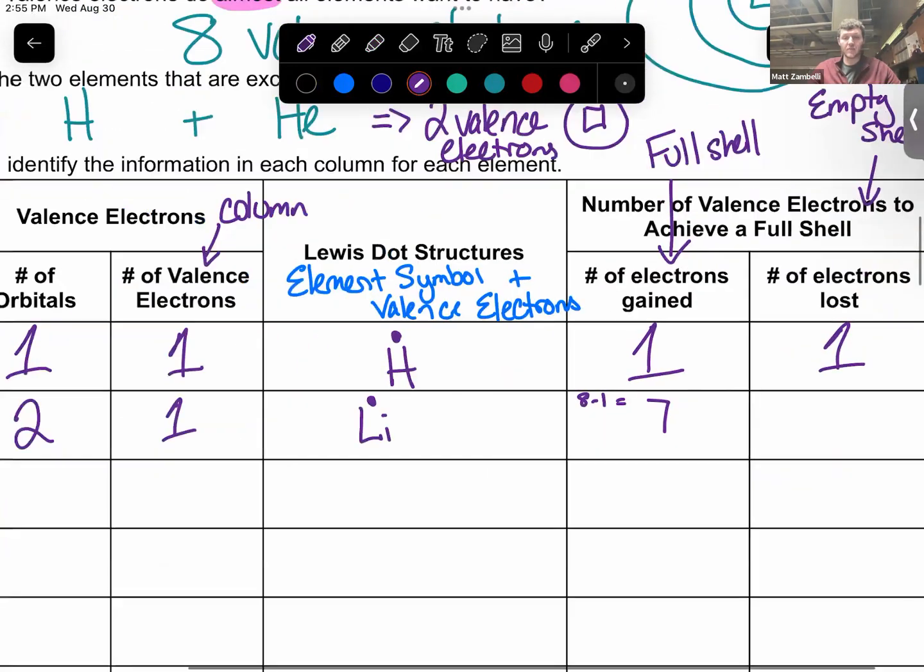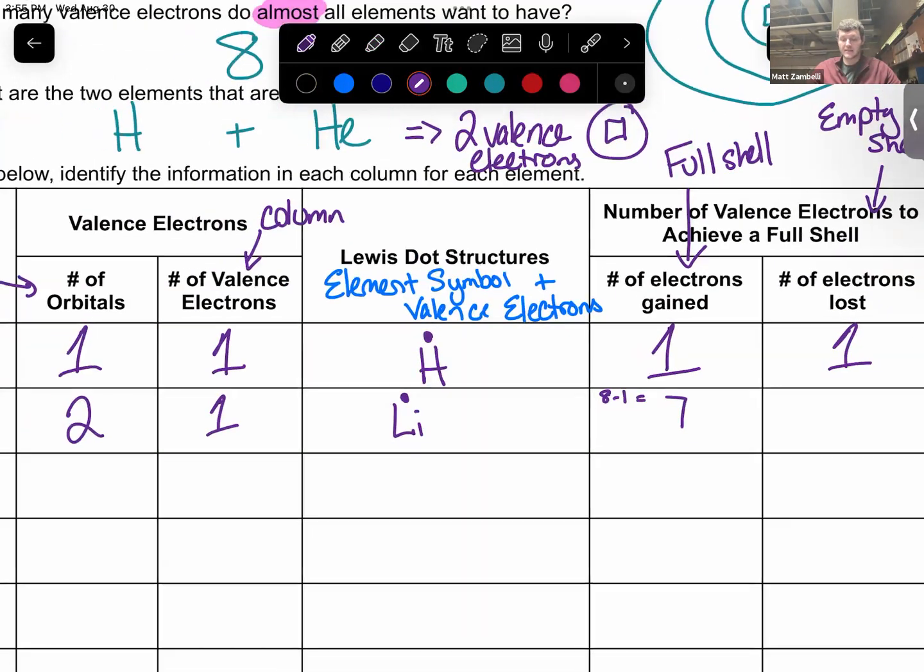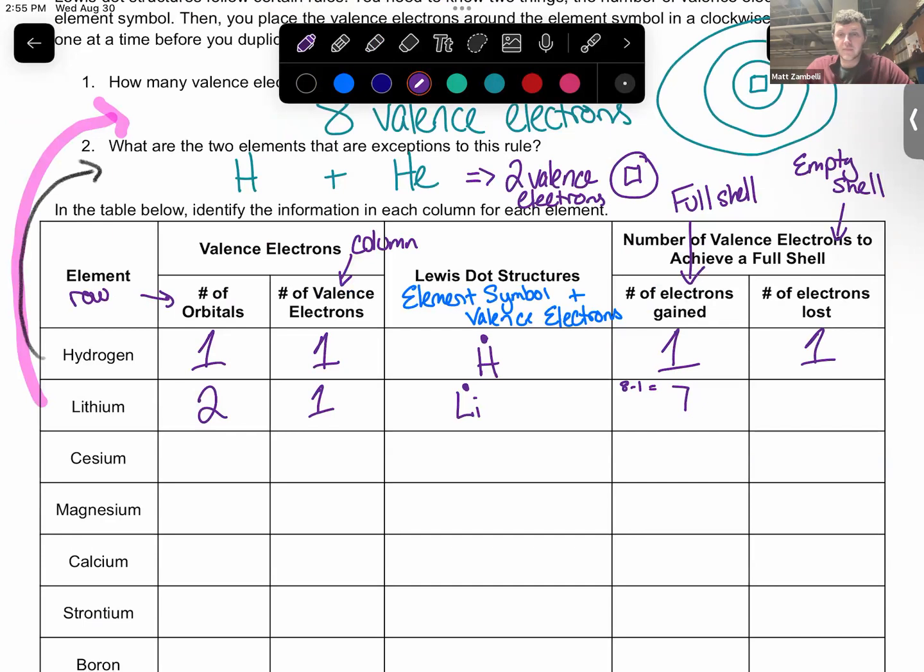So we need 7 more to get to our full shell here. But if we want an empty shell, we would only have to lose the 1 valence electron. A lot of the other metals are going to be very similar, and our metals are anything on the left side of the periodic table.